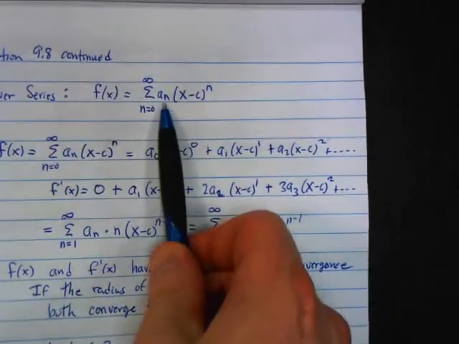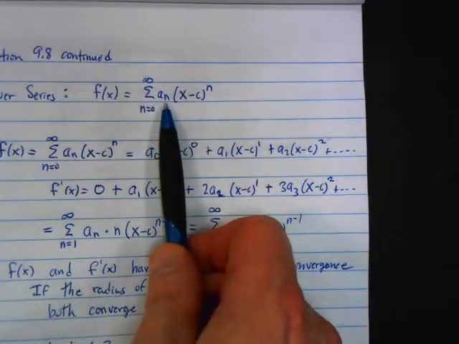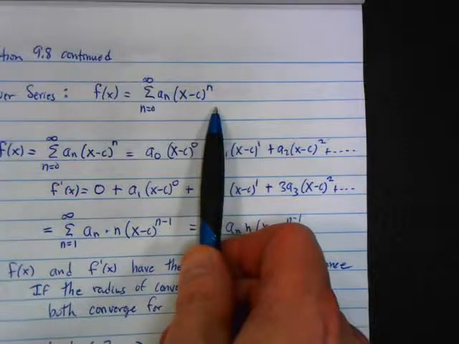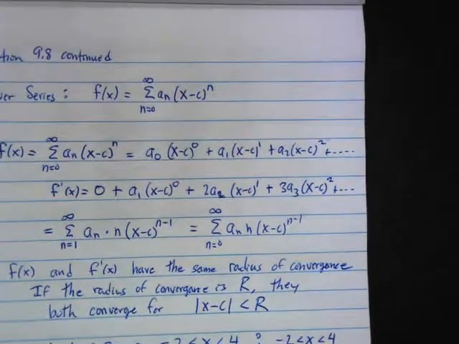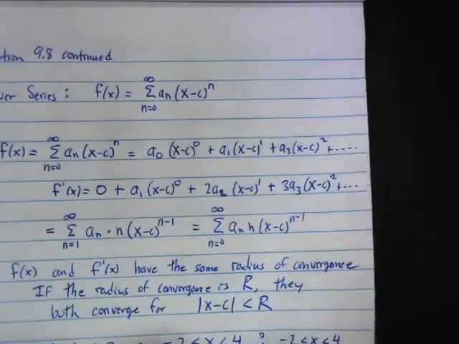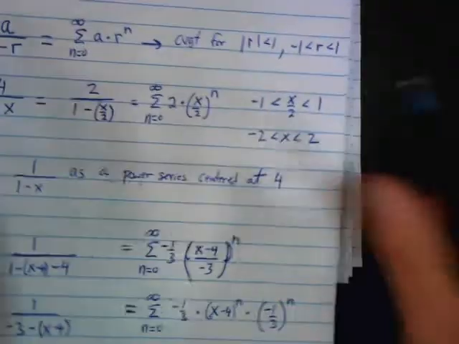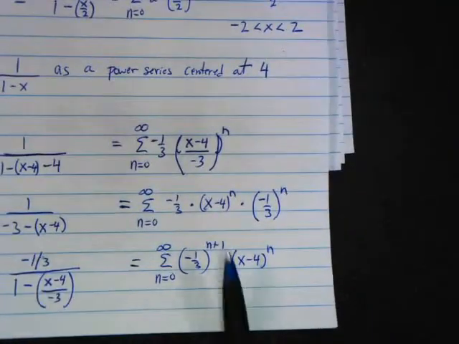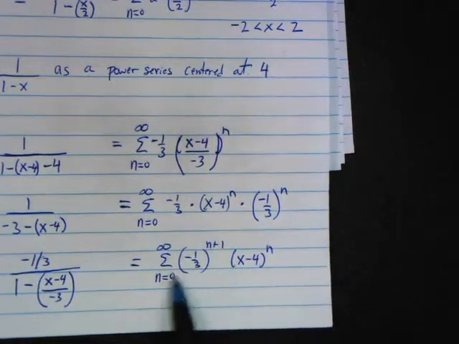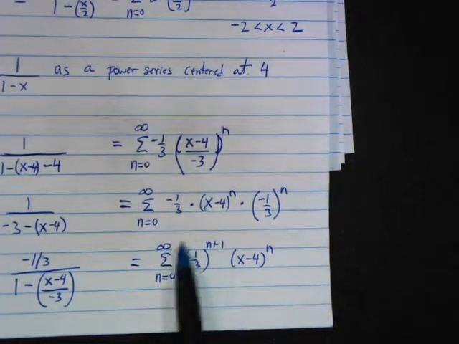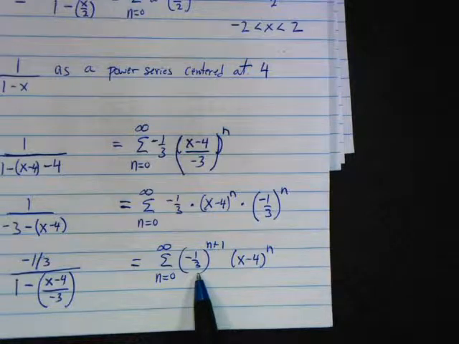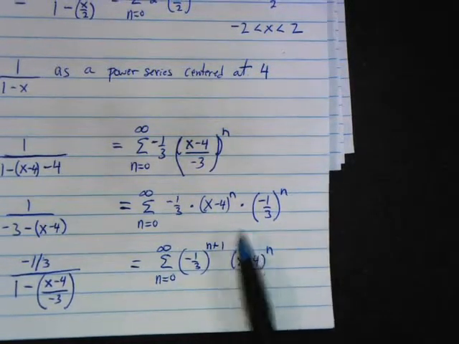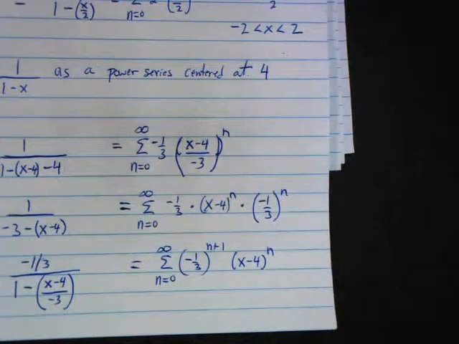We normally have a single term, a to the n, and then we have an x minus c to the n. So we're writing it in that form. The other thing it does is it makes it pretty clear what's going to happen with this. What kind of series are you going to have? Alternating. That's correct. Because you have -1 to a negative number to a power. That's going to be an alternating series.